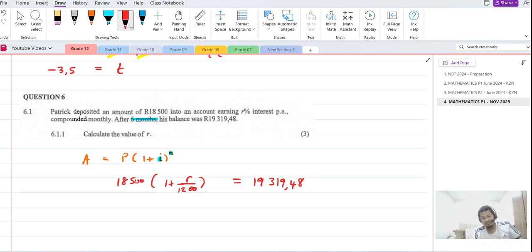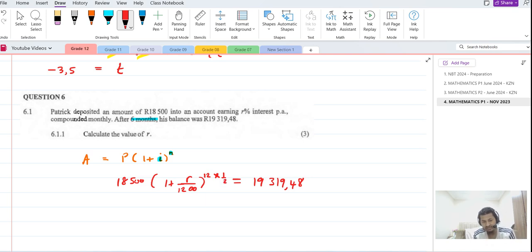Yes, so it's going to be to the power what? It should be to the power 6 out of 12, right? Because n is 6 months will be, yeah, to the power 12 times 6 months is half a year. So 6 months becomes half a year.